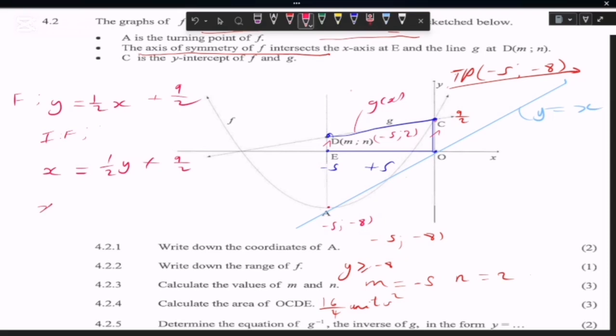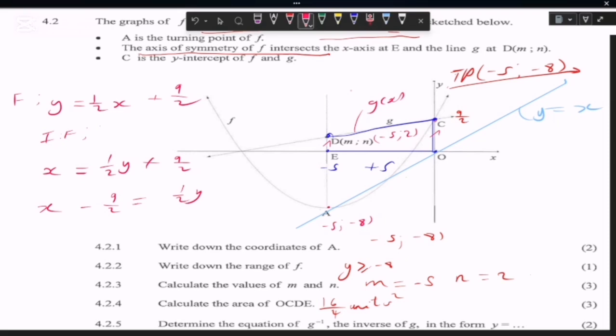Okay, so we can say x, take the 9 over 2 to the other side, becomes minus 9 over 2, and then this is equal to 1 over 2 times y. Now, we want y to be the subject of the formula, not 1 over 2 times y. So what can we do to isolate y? We can multiply everything by 2.